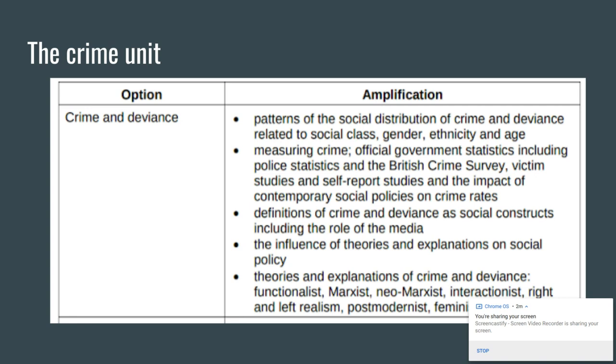Right realism is very similar to the New Right. It's this whole idea that we need to stop crime by being really severe in punishment. So we need to bring back the death penalty. We need to make sure that if you commit a crime, no matter how small, there should be a consequence for it, and that kind of thing.